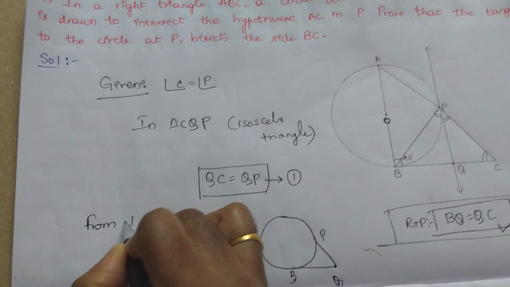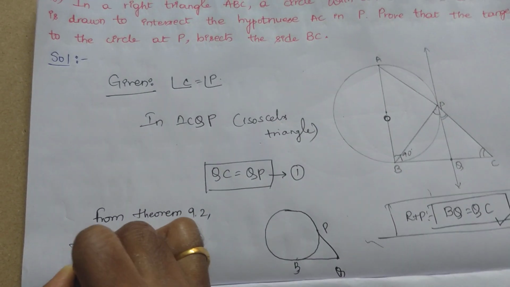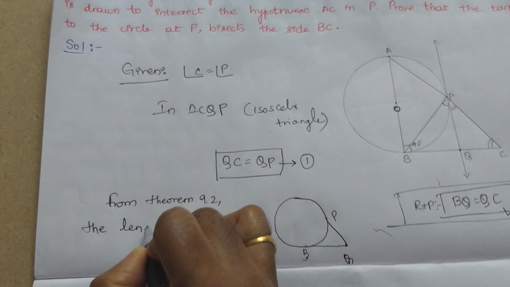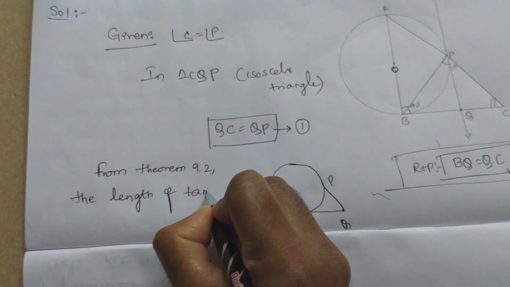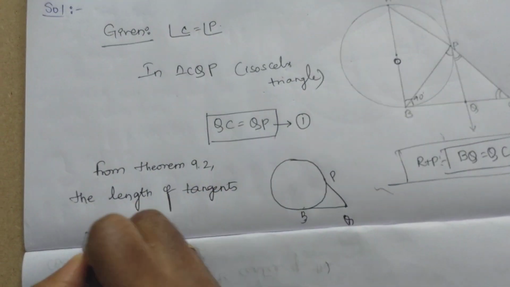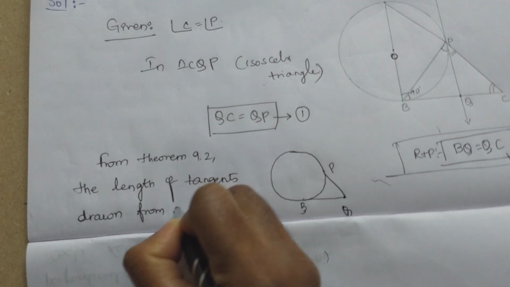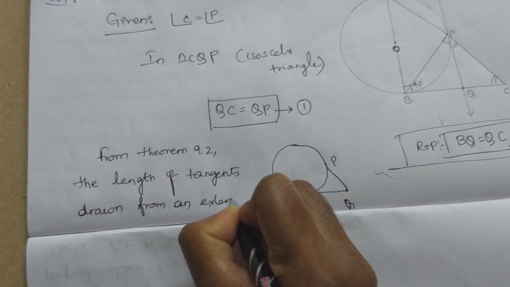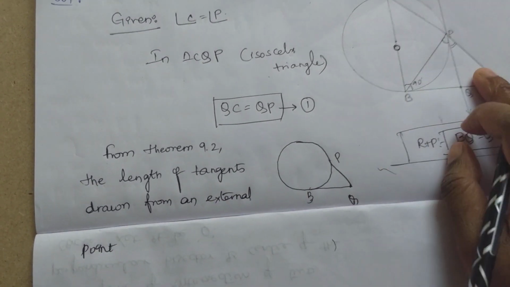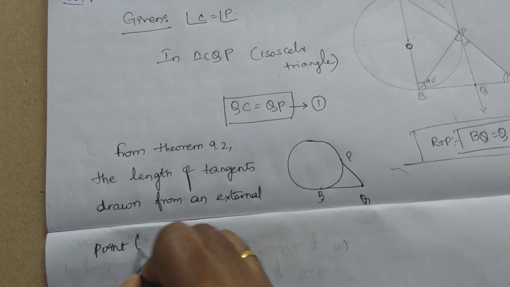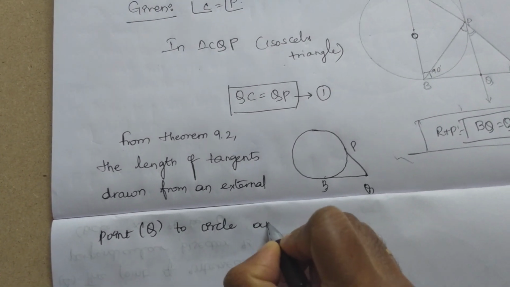So write the same thing here. From theorem 9.2, the lengths of tangents drawn from an external point to the circle are equal.